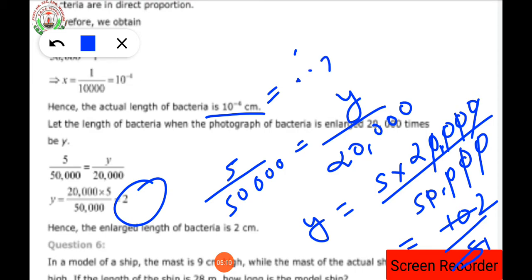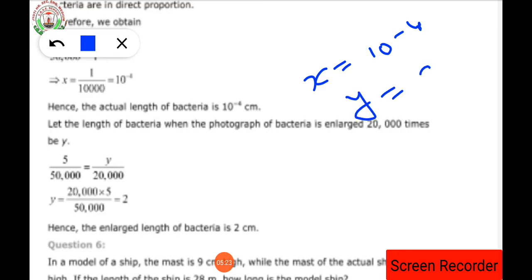Therefore x is 10 to the power minus 4 and y is 2 centimeter. Both values of x and y have centimeter as their unit. So this is the solution of question number 5.